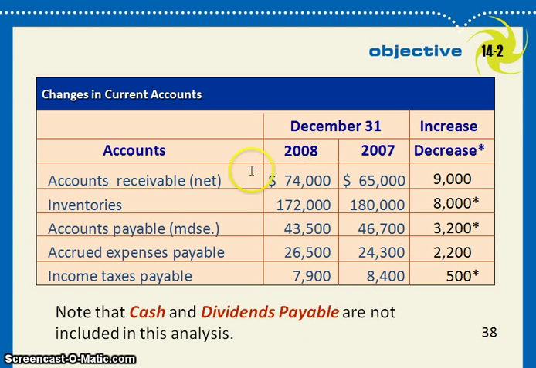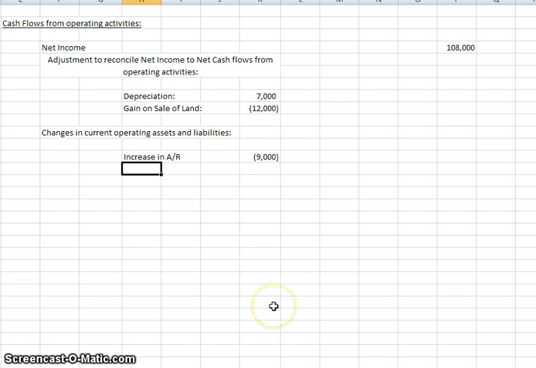So this decrease in inventory means that I actually have more cash to work with. It's an increase to my cash.